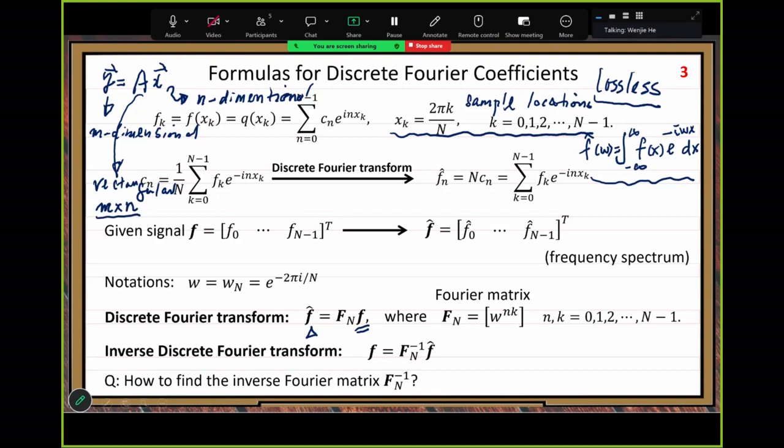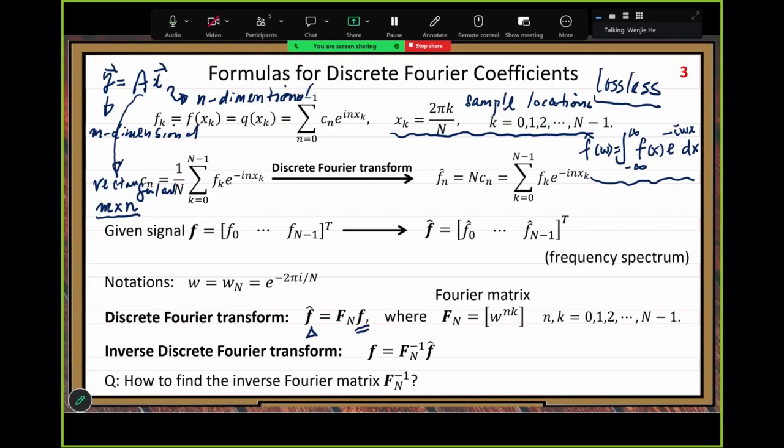The number of rows is the same as the dimension of the y vector, M rows. The number of columns is the same as the dimension of the x vector, N columns. So that's the linear algebra.